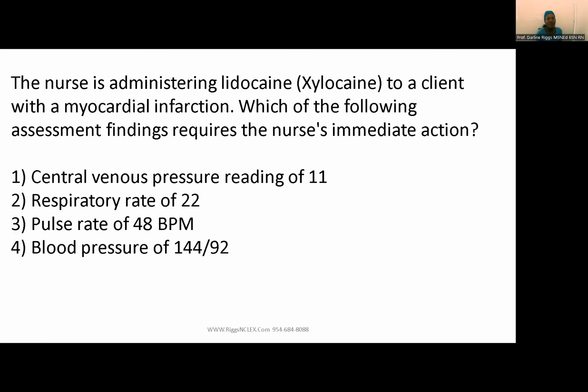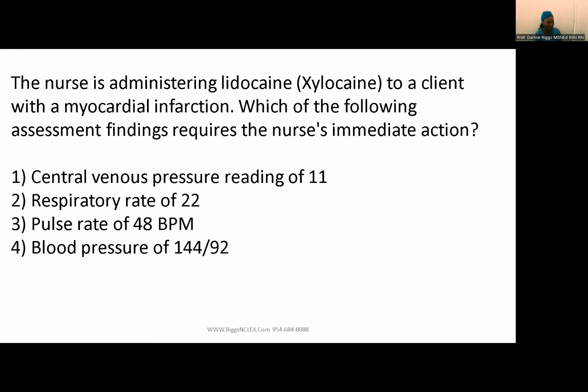The nurse is administering lidocaine, xylocaine, which we've talked about, to a client with MI. Which of the following assessment findings requires the nurse's immediate action? I hope this pops up and hits you in the face.